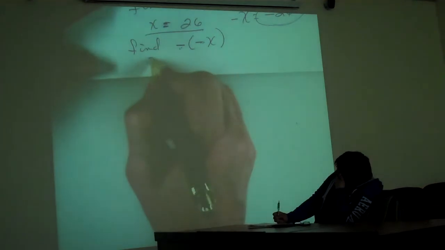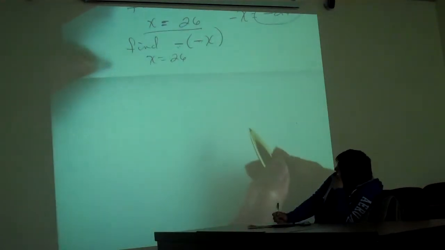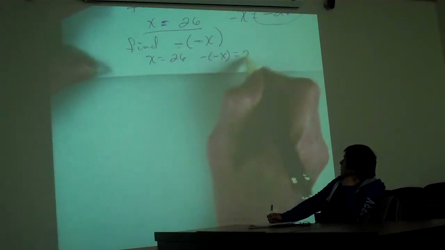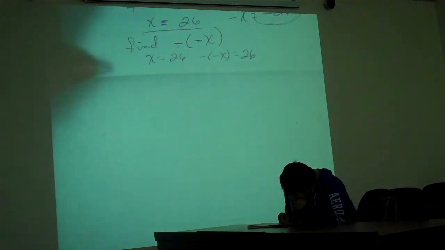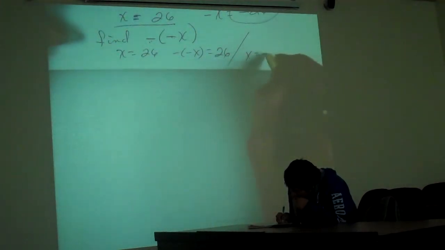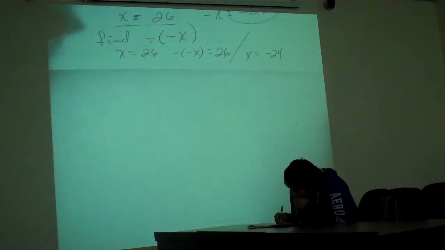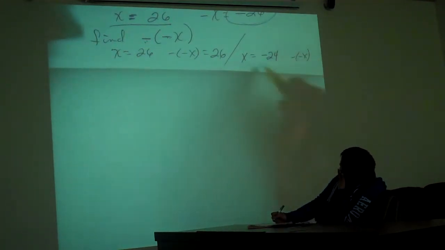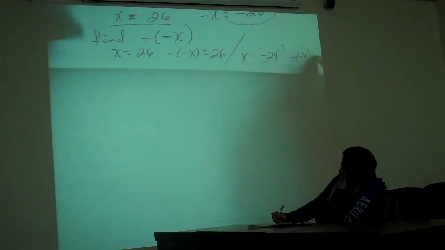So if it says x is 26, the opposite of the opposite is still going to be 26, right? What if it tells you x is negative 24? The opposite of the opposite is still going to be the same thing, negative 24.